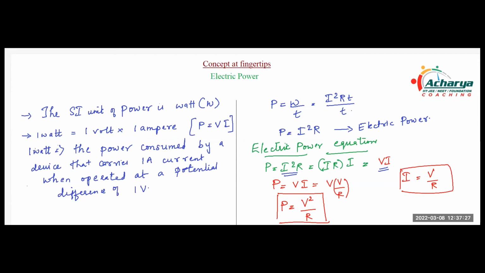So what is 1 watt? 1 watt is the power consumed by a device that carries 1 ampere current when operated at a potential difference of 1 volt.